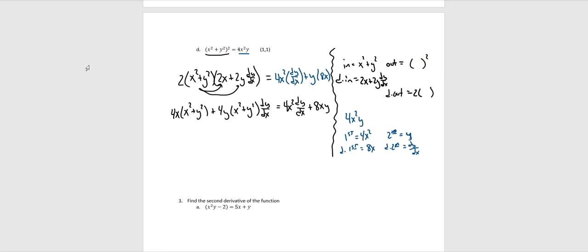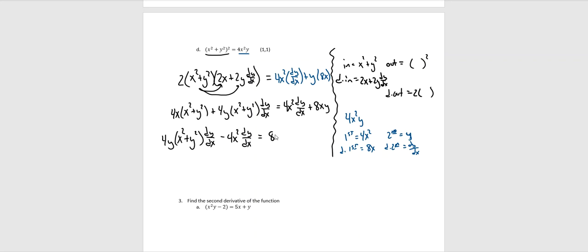There we go. So let's move everything with the dy/dx to the left. Yeah, that's not it at all. I mean, it is, but it's not. So we have our 4y times x squared plus y squared dy/dx minus 4x squared dy/dx.